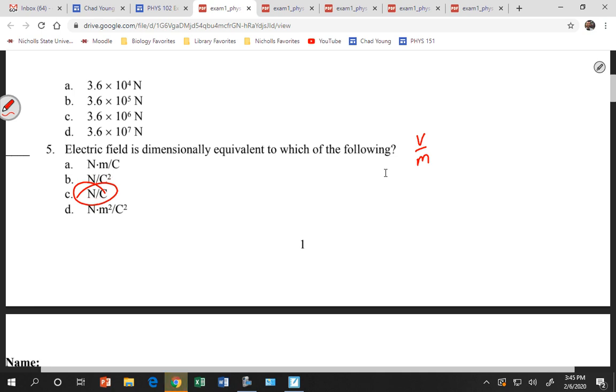I saw another one that I think had kilograms. Oh, yeah. So sometimes I'll ask questions that ask what are the basic SI units. If you ever want to know the basic SI units, I know that electric field is force per charge. I can break that down into its more basic quantities: mass times acceleration over charge.